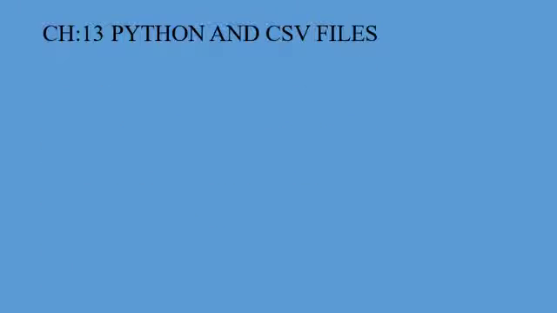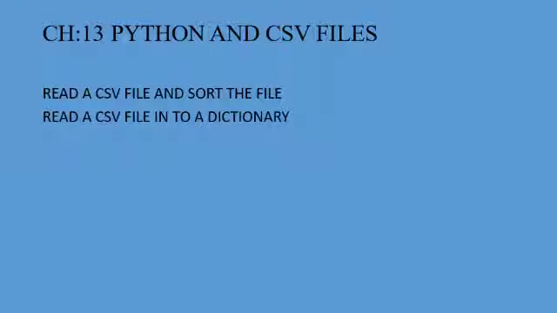Next, that's all. So students, in today's class we have seen two topics: read a CSV file and sort the file. For the two methods we have seen, itemgetter is one method, and previously entering the column value is another method. Next we started how to read the CSV file with the DictReader, into the dictionary.